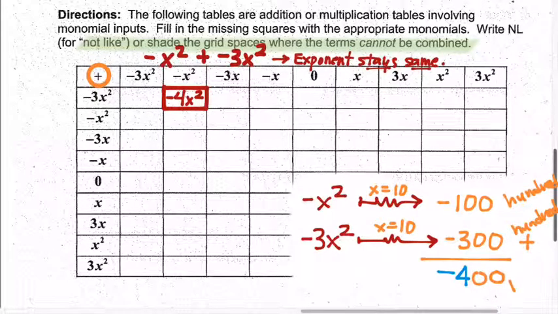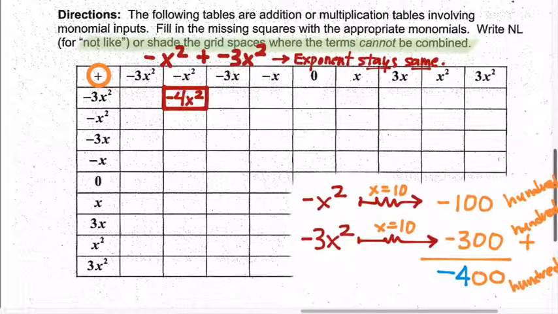And the result is something which is measured in hundreds. We're dealing with kind of the same currency as we go along. We start with negative 1 of them, we end up adding negative 3 of them, and we end up with negative 4 of the same thing. So the reason the exponent stays the same is because we're adding two of the same type of thing together to get a third of that same type of thing. So when adding and subtracting, like terms matter, and exponents always stay the same.